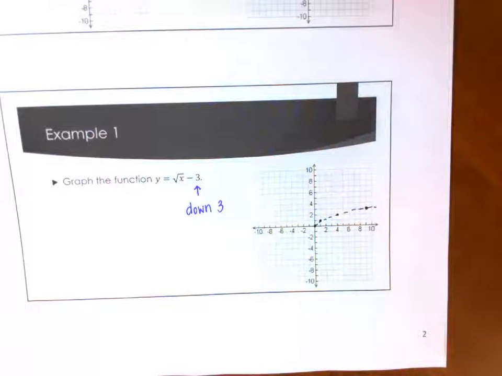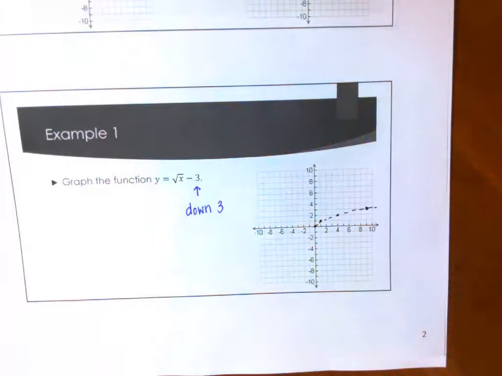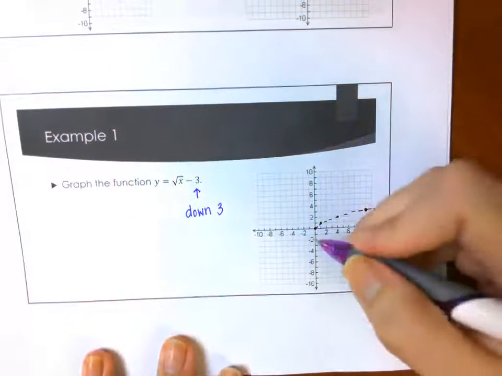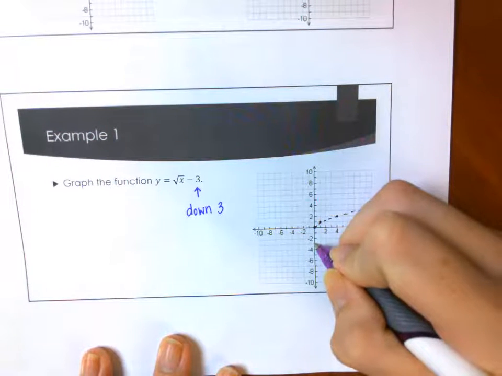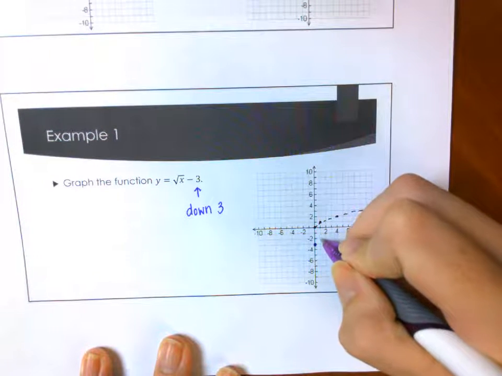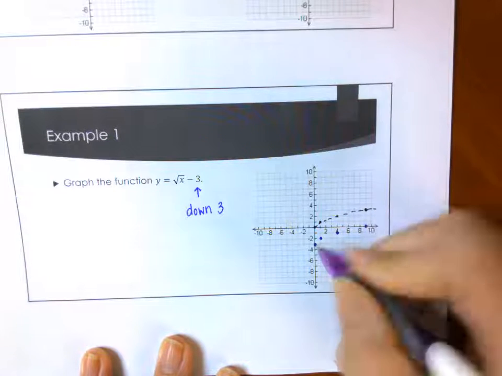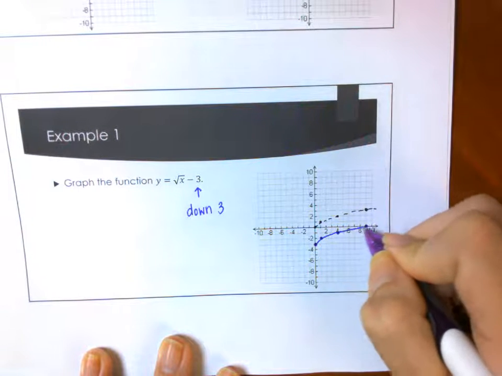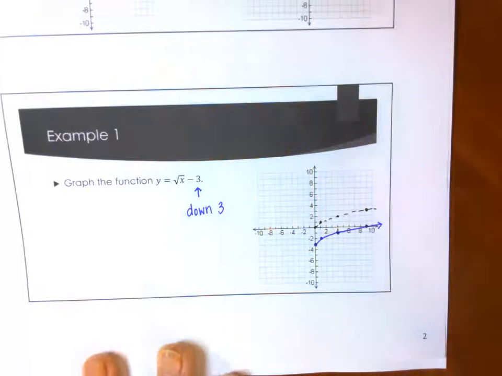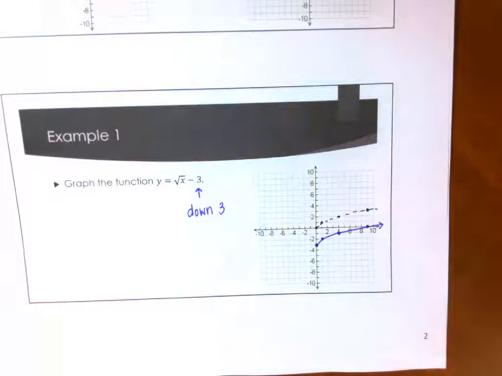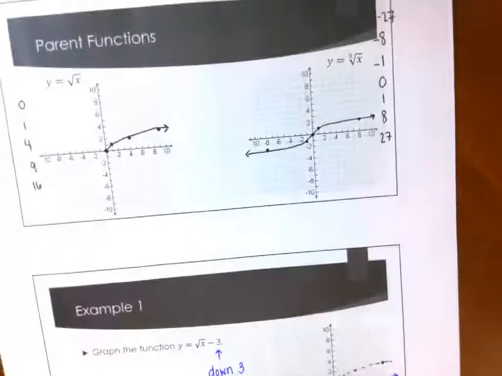Then my translation says to move everything down 3, so I'm going to take each point and move it down 3 units: 1, 2, 3. There we go. Then I'm going to connect them. That's the only translation in this problem, so that is my final answer. That's it.